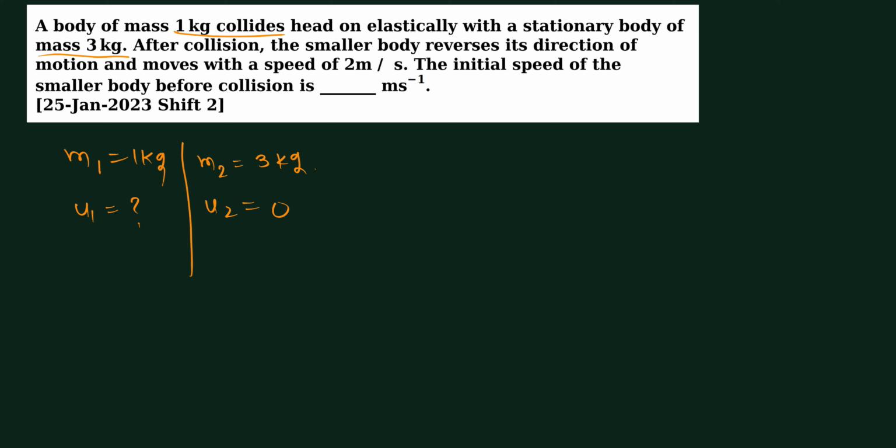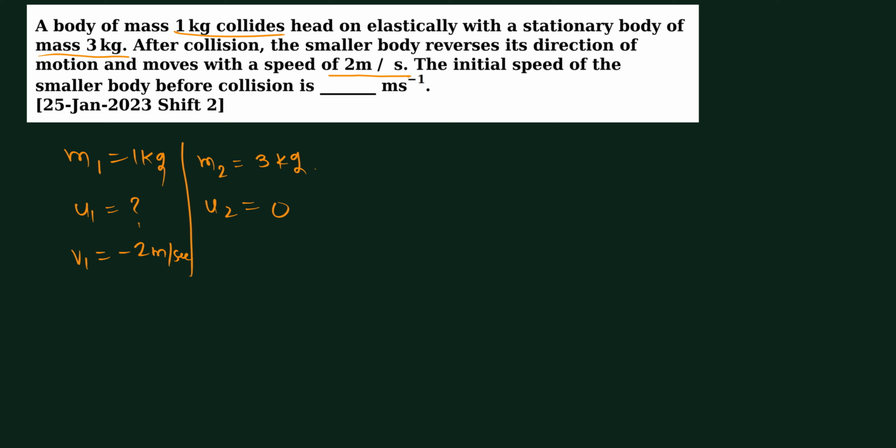After collision, the smaller body reverses its direction of motion. It reverses its direction of motion, which means initially if you take positive, after collision you have to consider it negative. So v1 equal to minus 2 meter per second. Why?